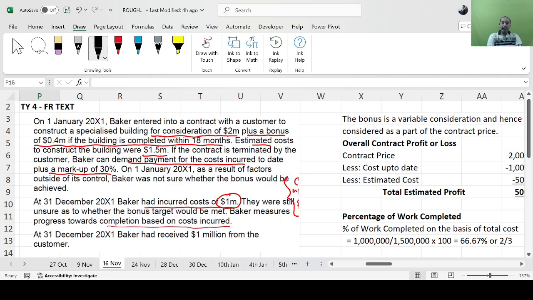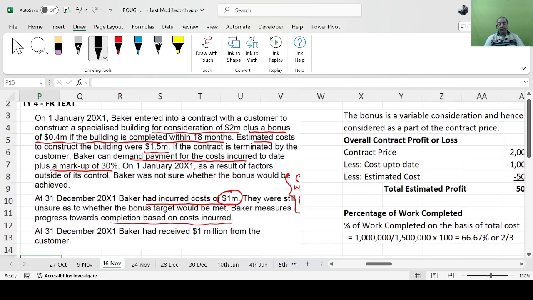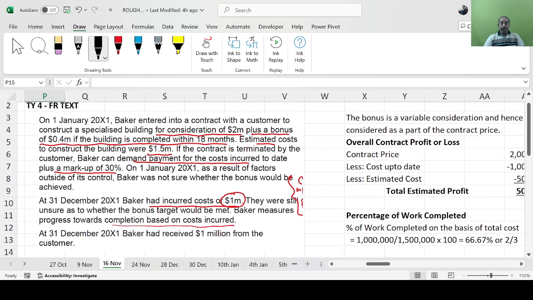Total cost is supposed to be 1.5. We have already incurred a cost of $1 million. So it is on the basis of input that we are measuring the percentage of work completed. On 31st December, Baker has received $1 million from the customer. These are the details given to you. So now let us see how to write the answer.